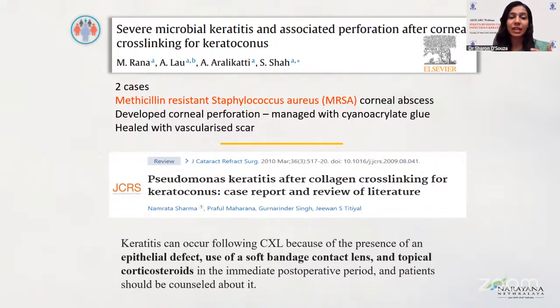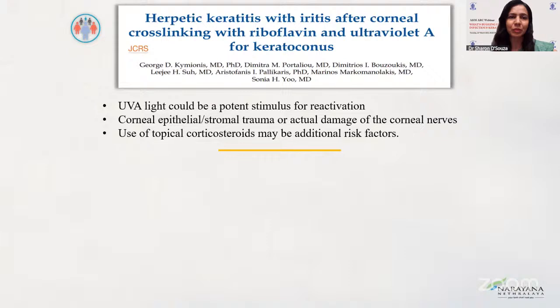Pseudomonas keratitis can occur following cross-linking, again, because of all the risk factors that we have talked about. And of course, I think it is very important that we impress upon patients the need for good, close follow-up, and that post-operative care, in terms of how to put the drops or how to maintain hygiene, is extremely important.